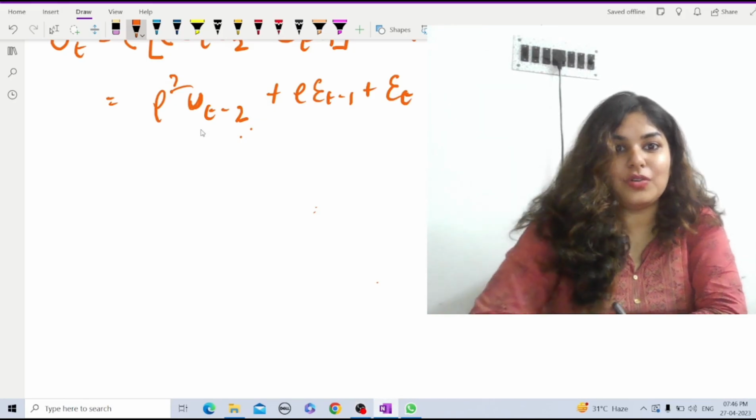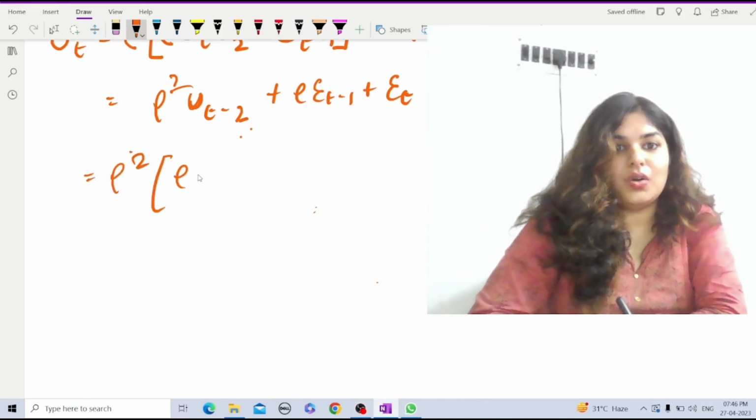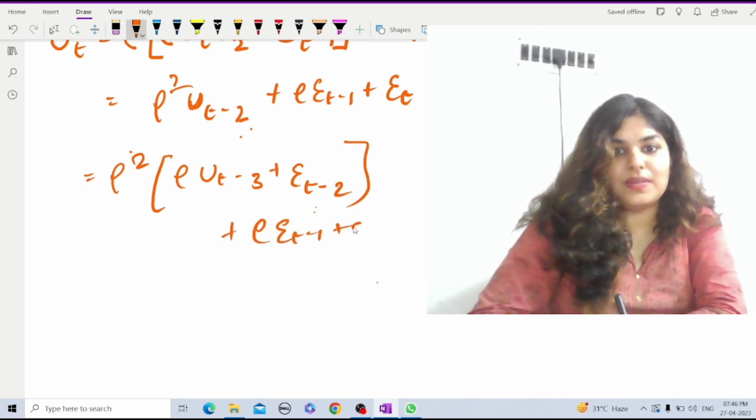So now we can put the value of ut minus 2 here similarly, that is equals to rho square ut minus 3 plus epsilon t minus 2 plus rho epsilon t minus 1 plus epsilon t.